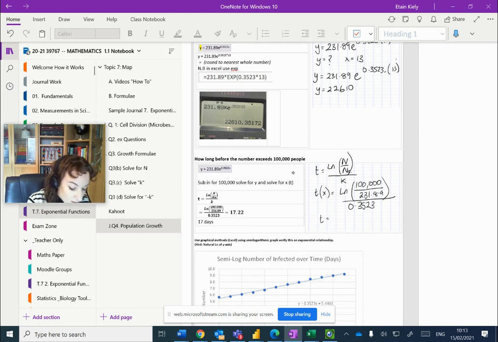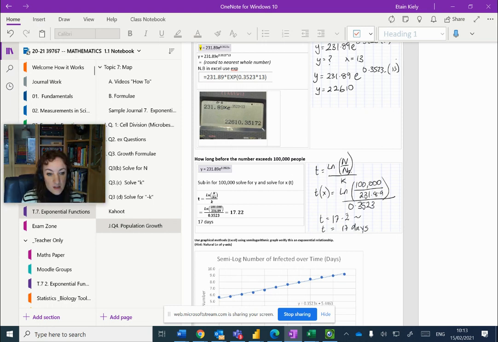When we plug this into our calculator, it comes out as 17.2. So if we round that to the nearest whole number, it's going to be 17 days before 100,000 are infected.